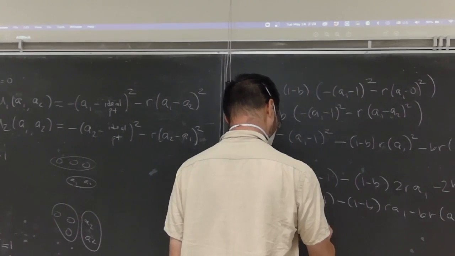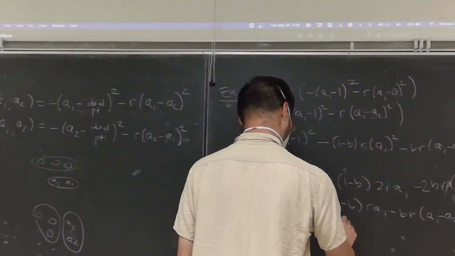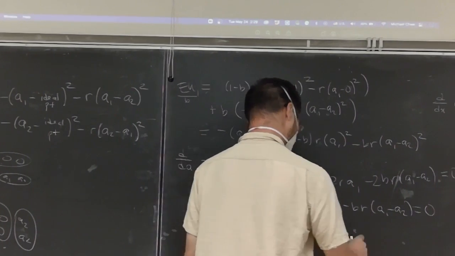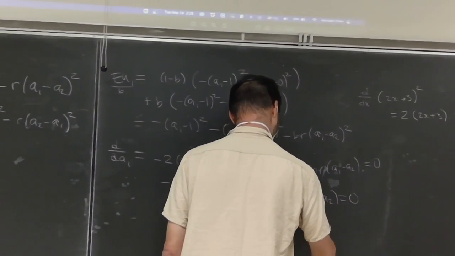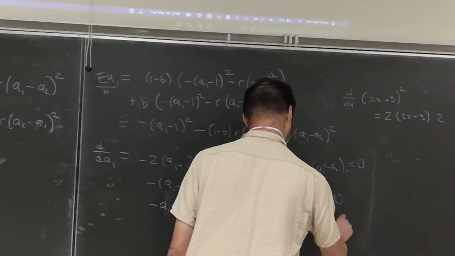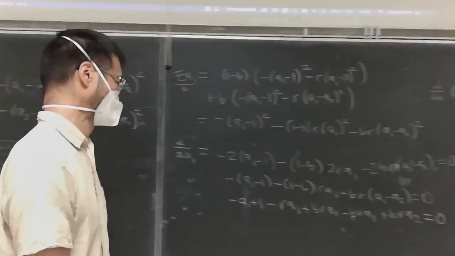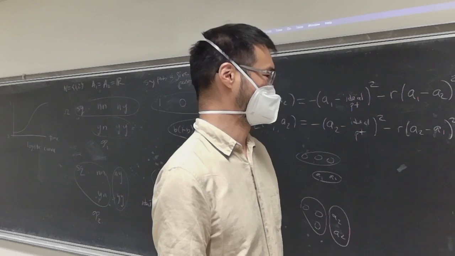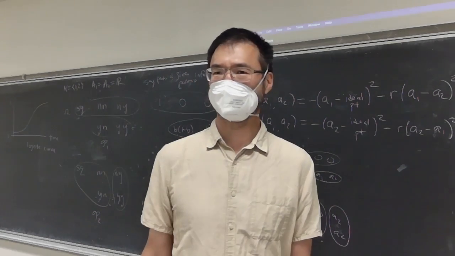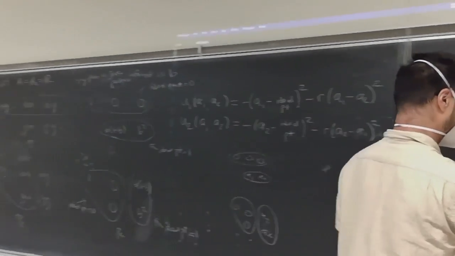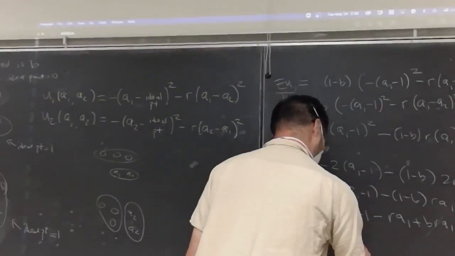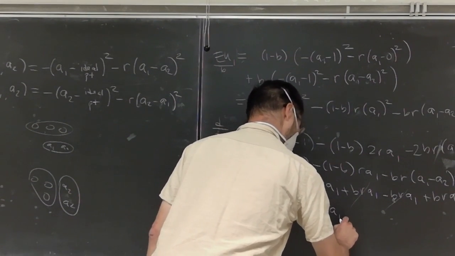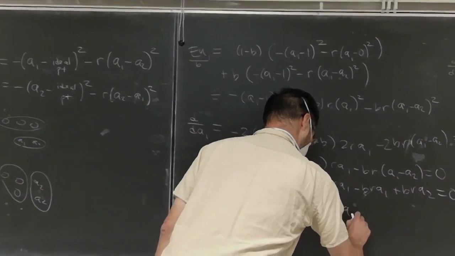Minus A1 plus 1 minus RA1 plus BRA1 minus BRA1 plus BRA2 equals 0. You got some cancellations, right? Yeah, these things go away. So I have negative A1 plus 1 minus RA1 plus BRA2.